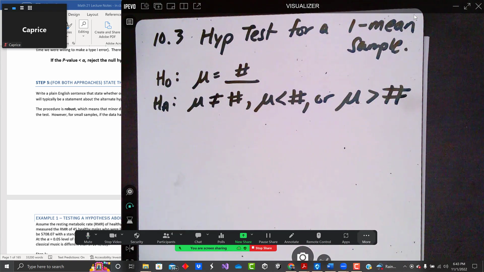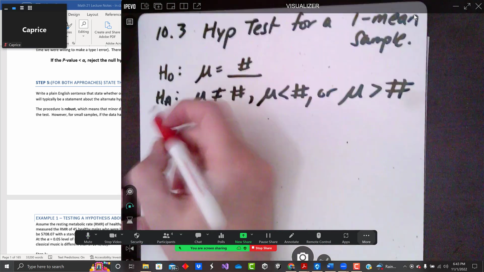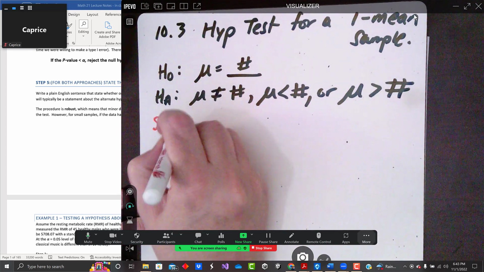Everything else is the same in the hypothesis test. Steps 2 through 5 remain the same.